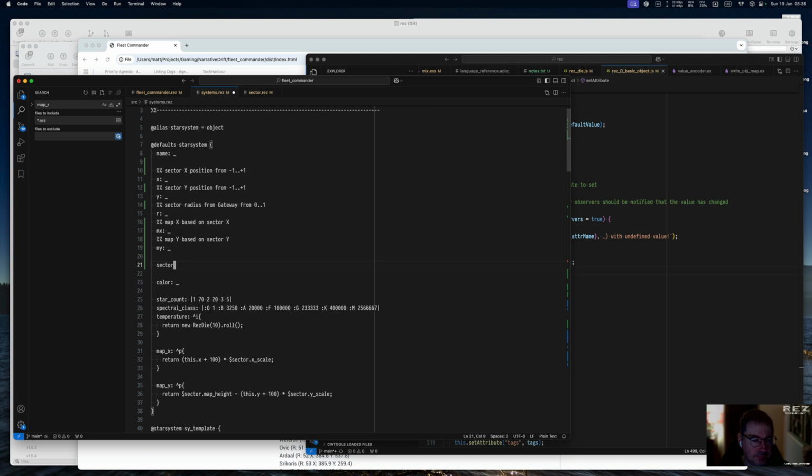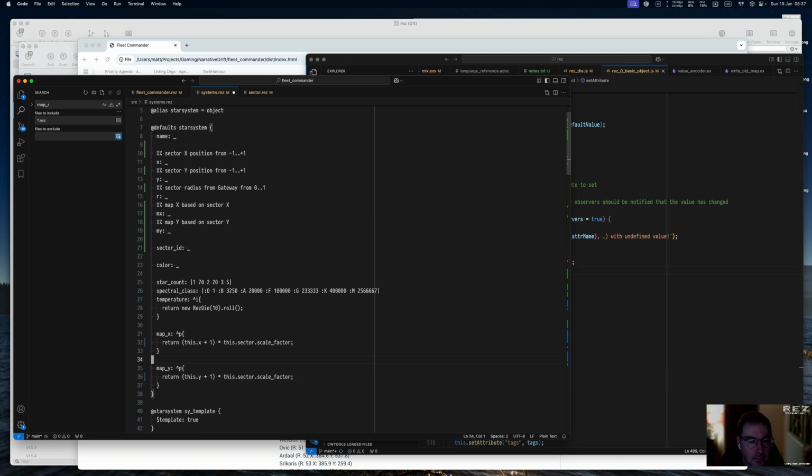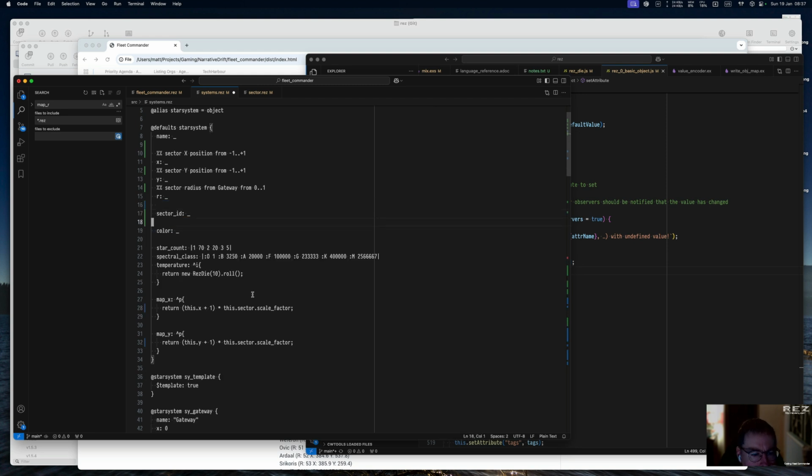Okay, what we're going to do, we could cache this later if it turns out doing this calculation hundreds of times is a performance issue.